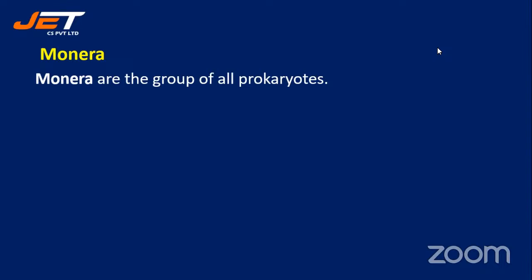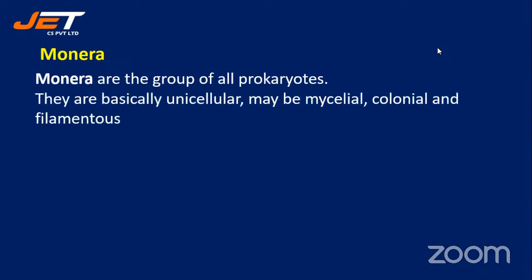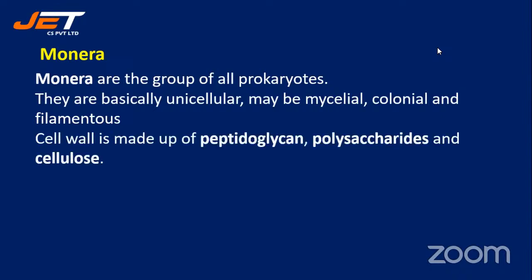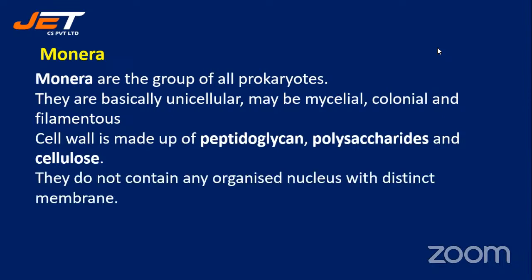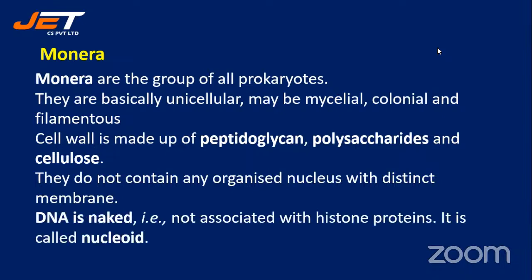So what is Monera? Monera are basically the group of the prokaryotes. Unicellular, mycelial, colonial, and filamentous. And the cell wall is made up of peptidoglycan, polysaccharide, along with cellulose, without any nucleus and distinct membrane. DNA is naked, not associated with histone proteins, and is nuclear.